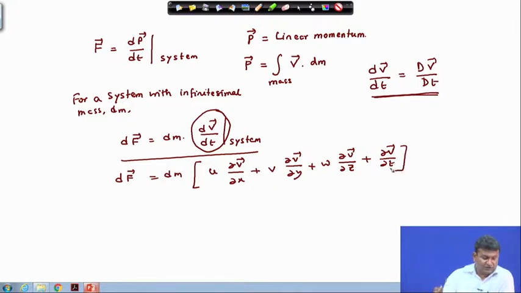And then you can look into any one of the components, because I have been following the scalar notation.